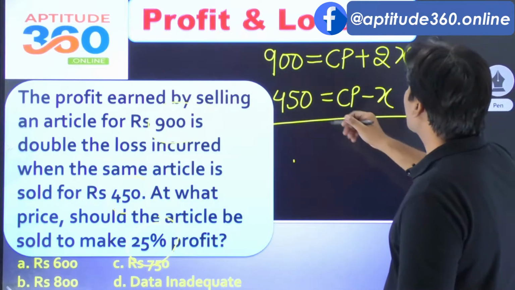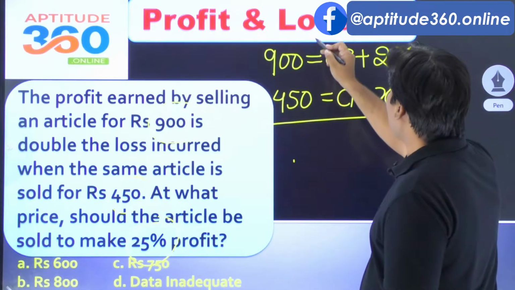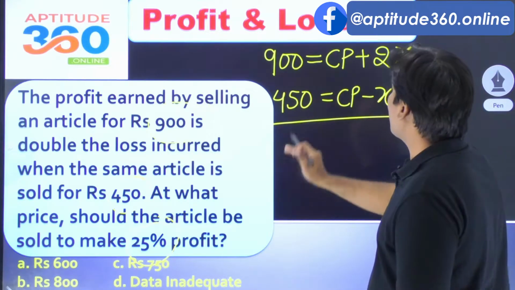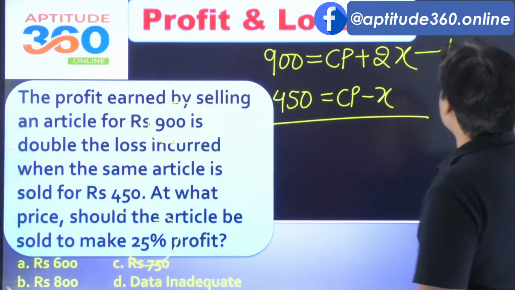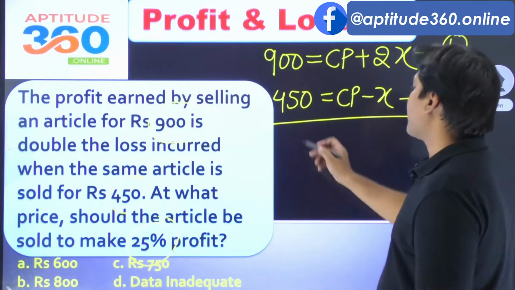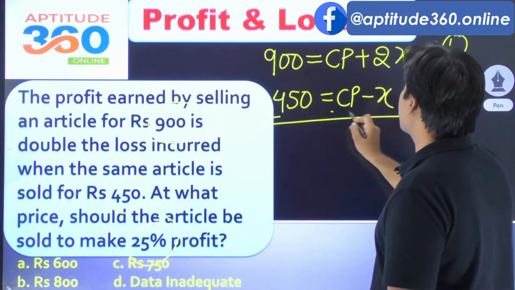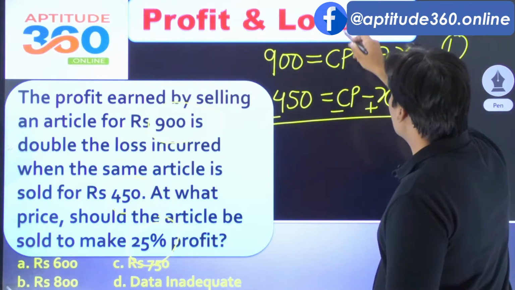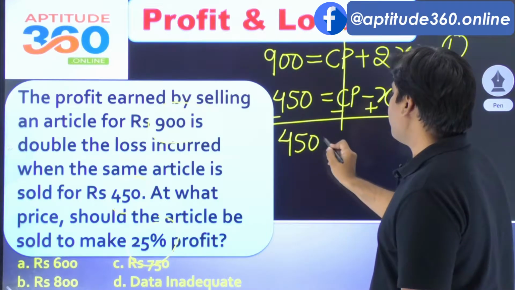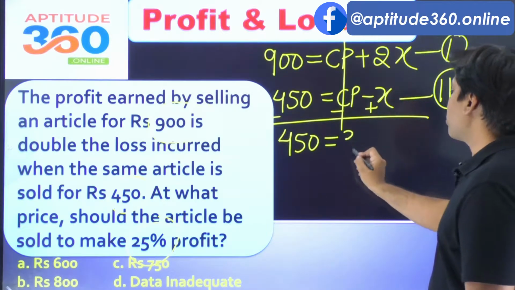If you add these two, or probably if you subtract the second equation from the first equation, still your job can be done. So this is negative, and then this is negative, and this is positive. So cost prices are gone. 900 negative 450 is coming out as what? 3x.